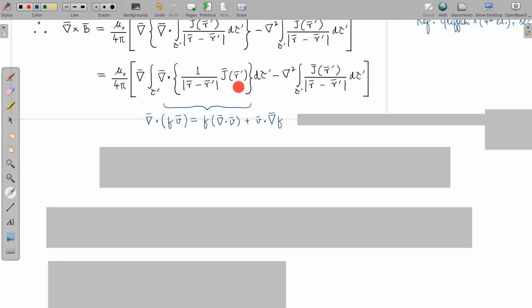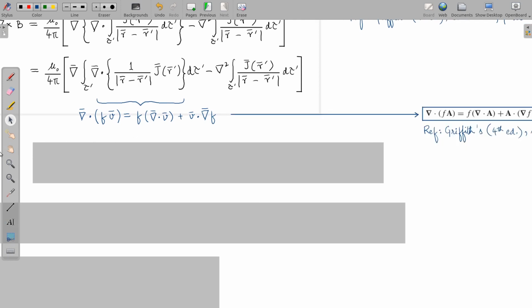Now let's look at the first term over here. If you look at the integrand in the first term, we have the divergence of a product, 1 by modulus r minus r prime, which is a scalar field, and J, which is a vector field. The divergence of the product of a scalar and a vector field is equal to the scalar field times the divergence of the vector field plus the vector field dotted with the gradient of the scalar field.